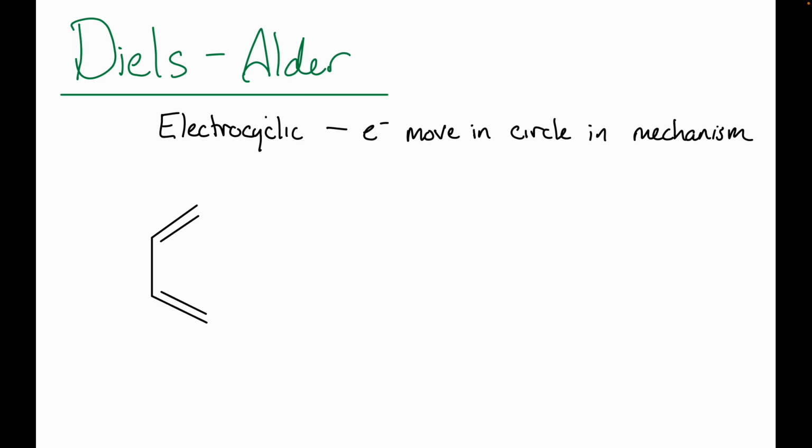All right, and so in these Diels-Alder reactions, our diene is going to react with what's called a dienophile, a lover of dienes, which is either going to be an alkene or an alkyne.